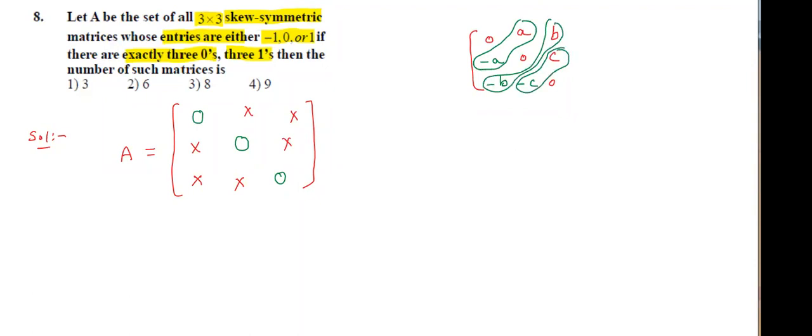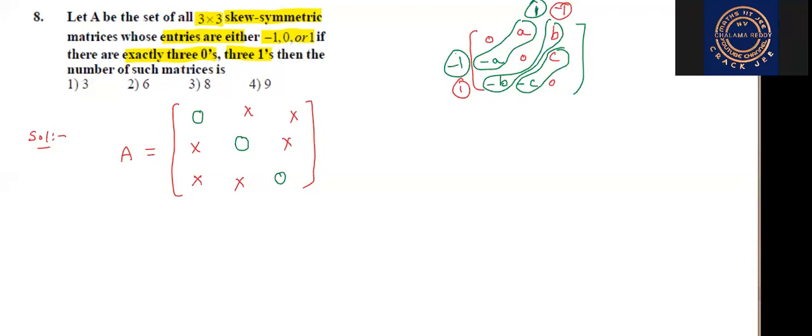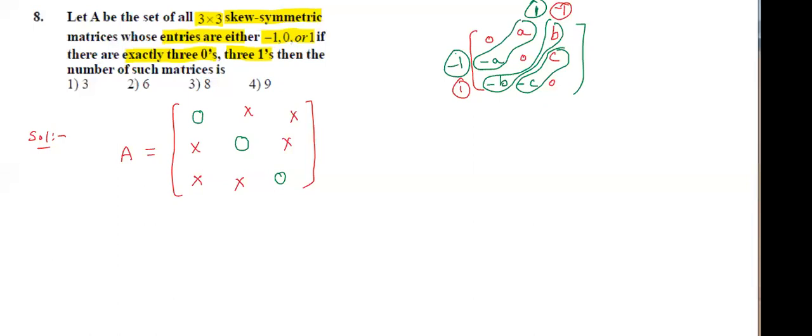And these two also. If you filled here 1, here we want to fill -1. Yes or no? Or for suppose here -1 means here we want to fill the 1. How many chances we are getting? There are 2 chances each place. By observing these 2 places, there are 2 chances.